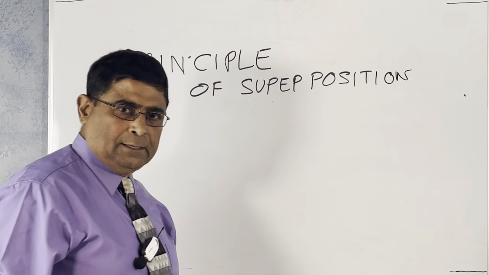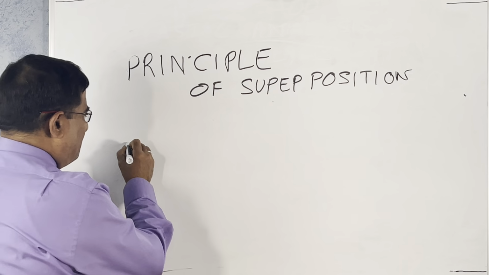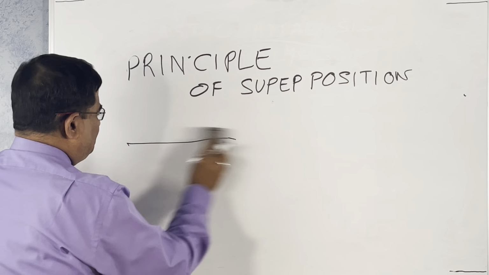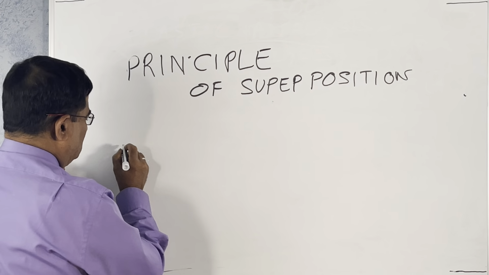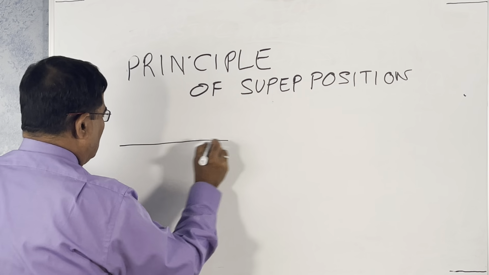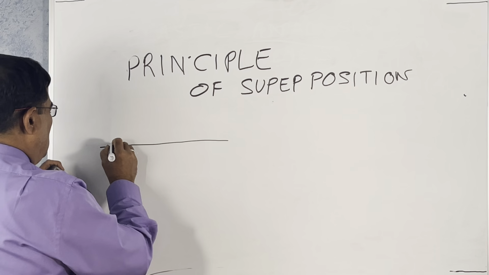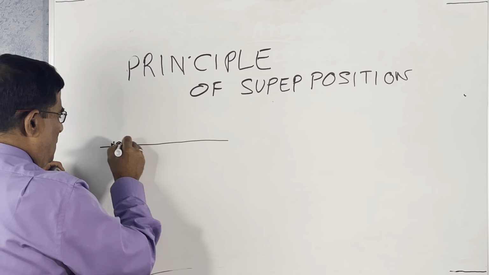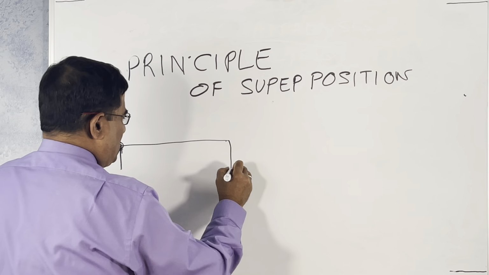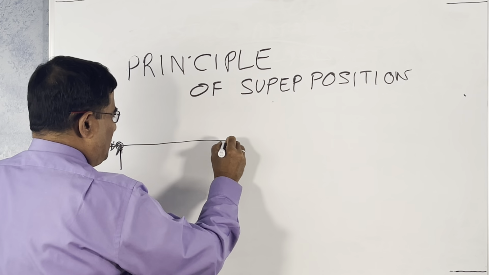What is this? Suppose you have a beam with a hinge support, and this is a roller support. That means it is simply supported.